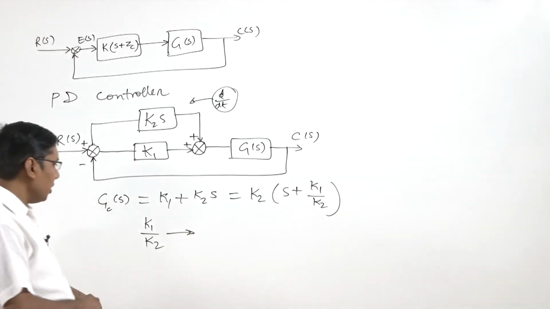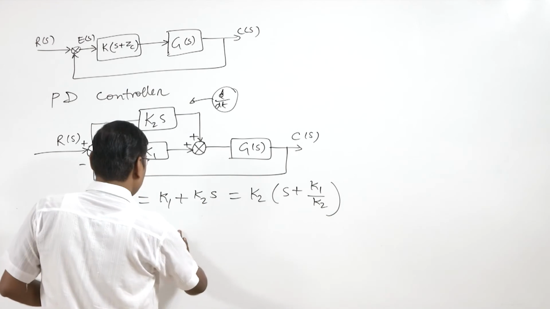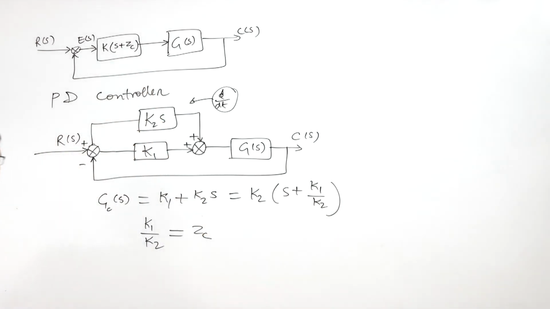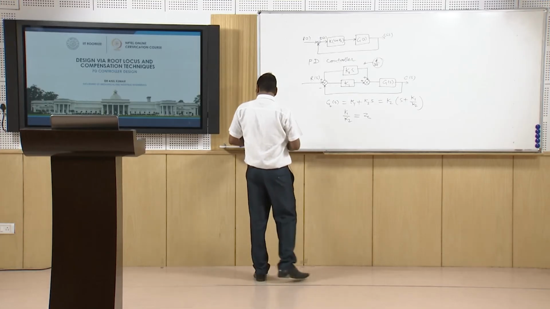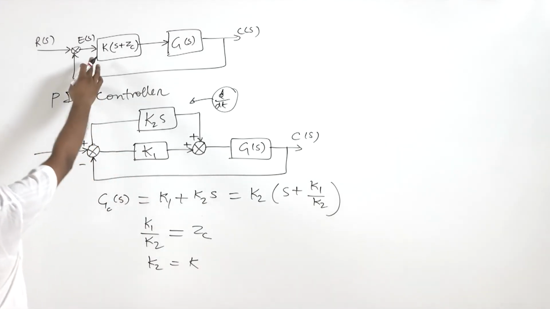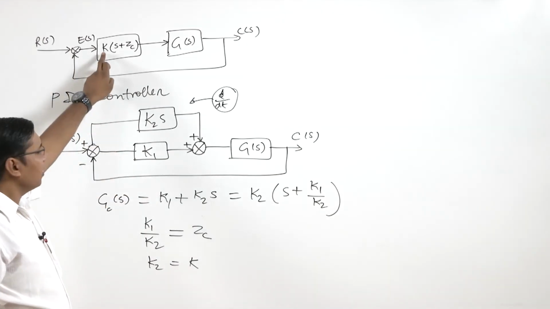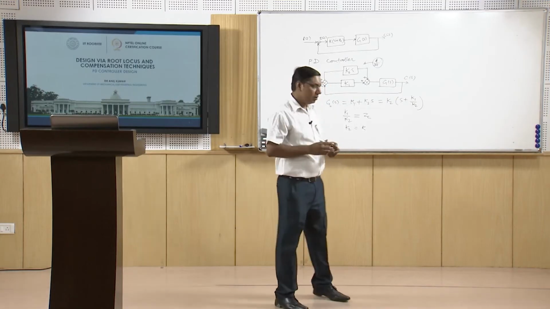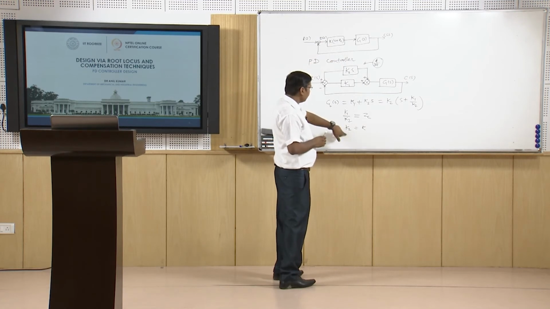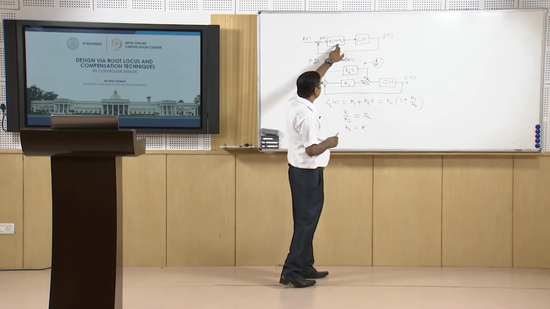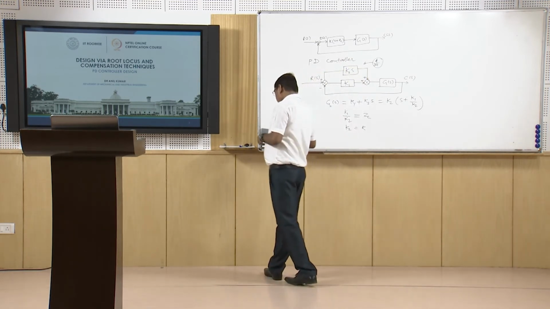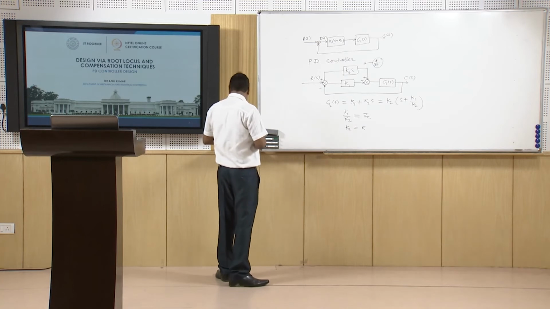K1 by K2 is equal to ZC if we compare here, and K2 is equal to K. So K2 is selected as the proportional gain. Here the corresponding K is K2, and K1 by K2 is ZC. So we can get K1 and K2, and we can get this PD controller circuit.